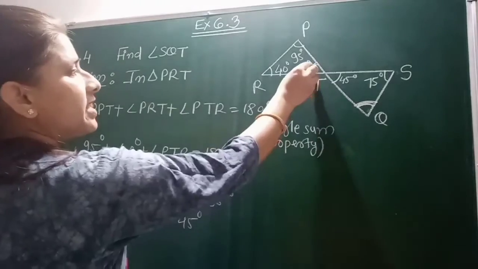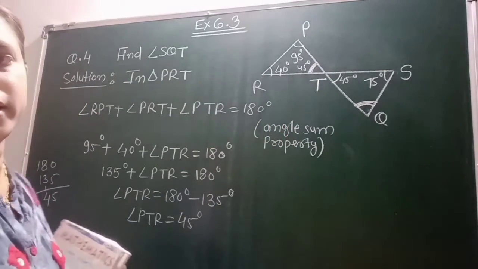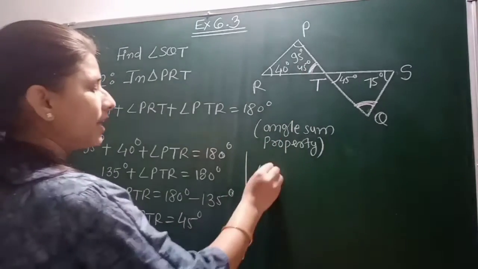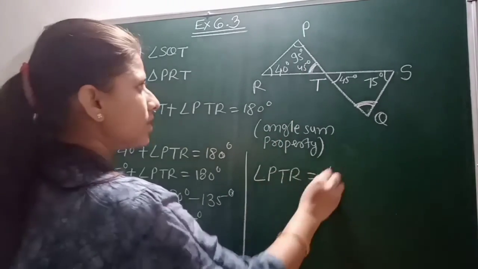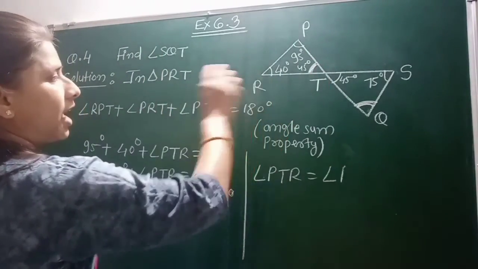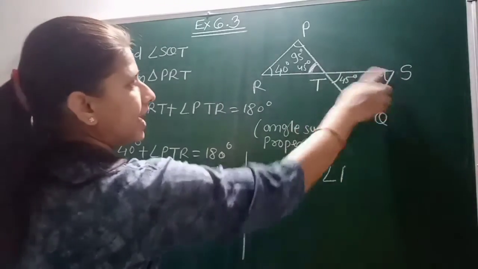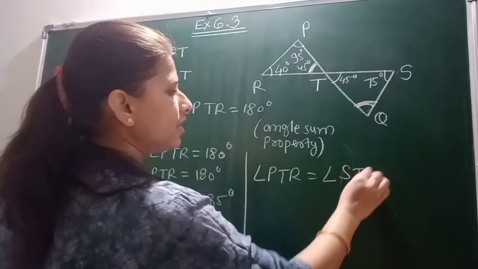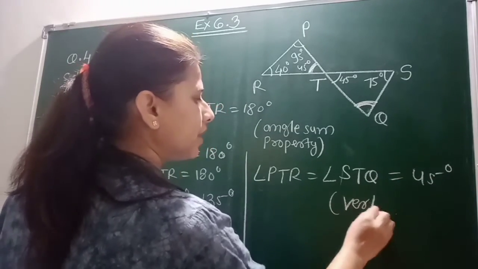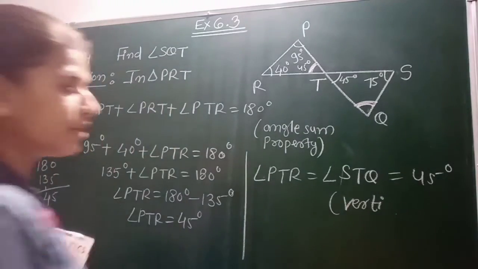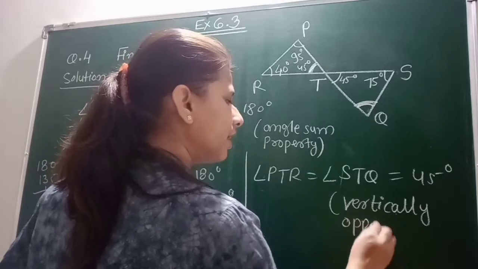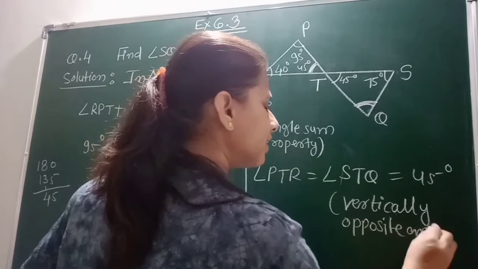So angle PTR equals angle STQ, which equals 45 degrees, because you have to mention the reason also. These are vertically opposite angles.